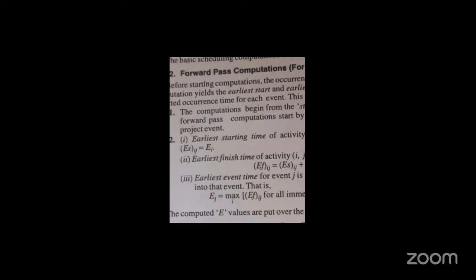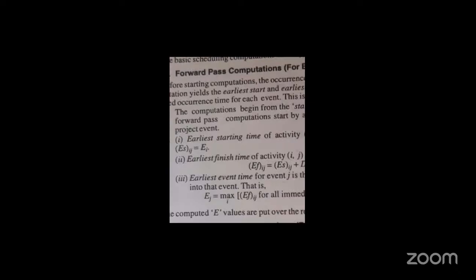We have formulas for calculating the finishing time and starting time. The earliest finishing time of an activity is its starting time plus its duration. That is, earliest finishing time equals earliest starting time plus Dij, or Tij, where Dij indicates the time duration for finishing that activity.